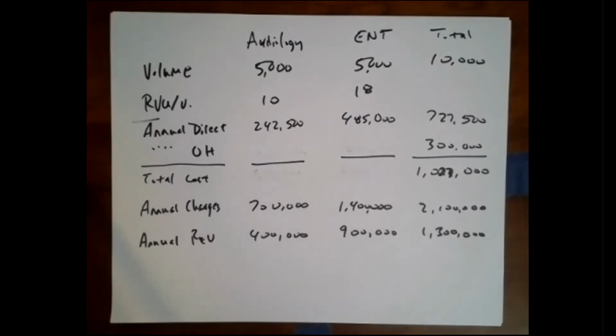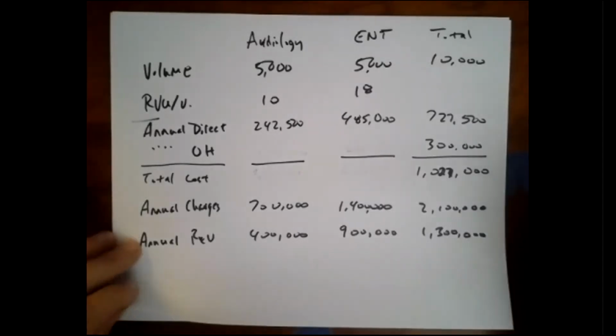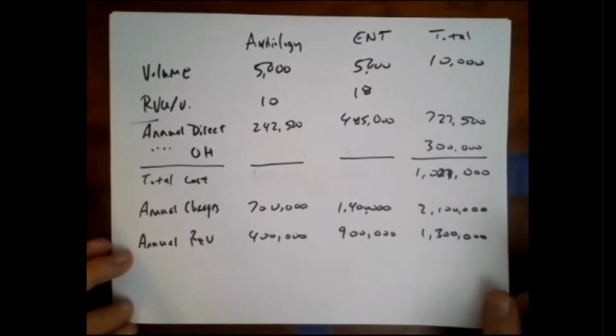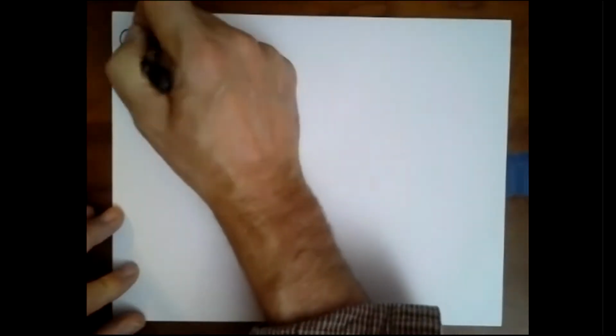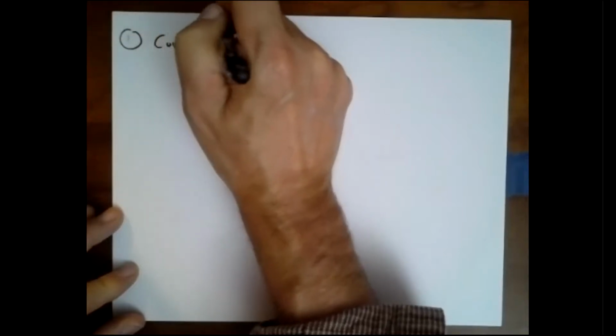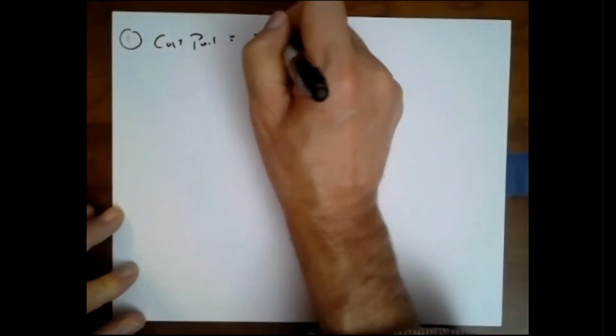So if you're going to pick between annual charges and annual revenue, it's better to choose annual revenue because it is tied to something real, whereas annual charges are just some numbers that were made up in the finance department. So now we're going to use annual revenues. We're going to take the same approach. Step 1, cost pool. Well, the cost pool is still 300,000. Nothing's changed.